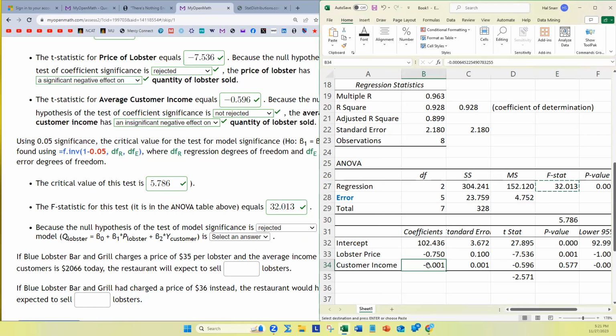We couldn't reject this being zero, but we could reject that being zero, right? So at least one of them appears to be different than zero. So that's why rejecting here makes sense, right?